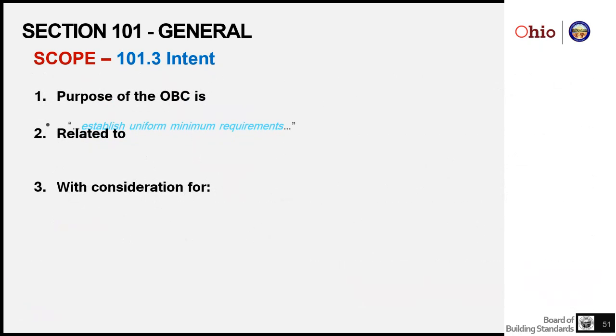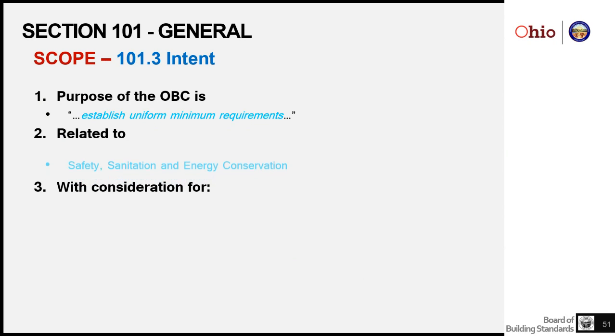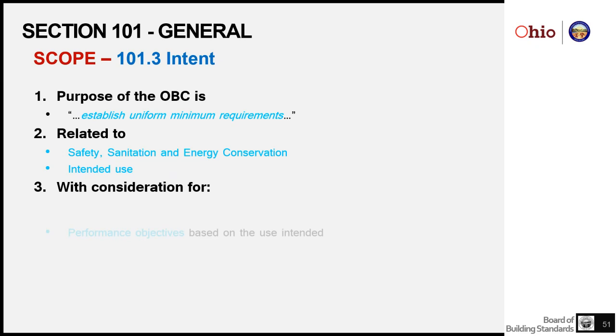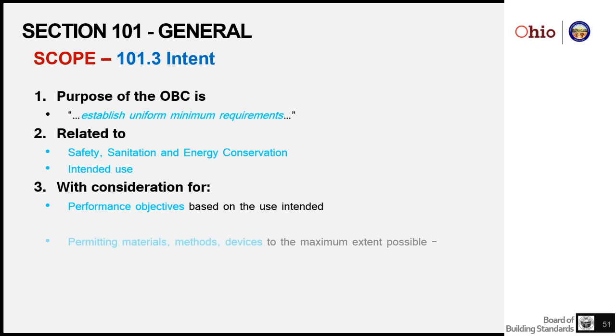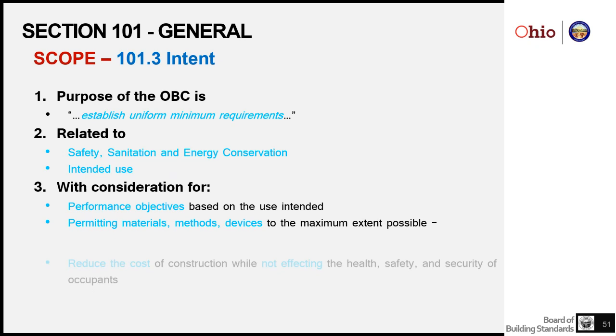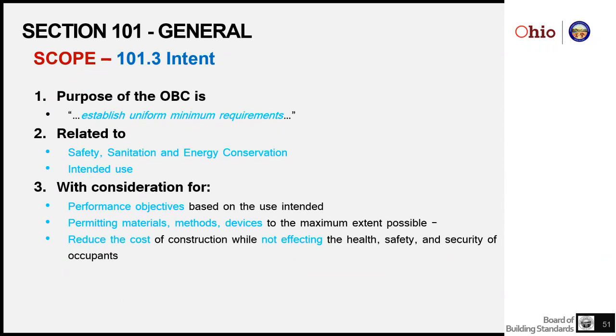So just to reiterate, the purpose of the OBC is to establish uniform minimum requirements, and minimum requirements can be exceeded. They're going to be related to safety, sanitation, and energy conservation for the intended use, and there's going to be consideration for performance of those materials, devices, products. We want to not limit, so we want to permit the stuff that's coming out new.